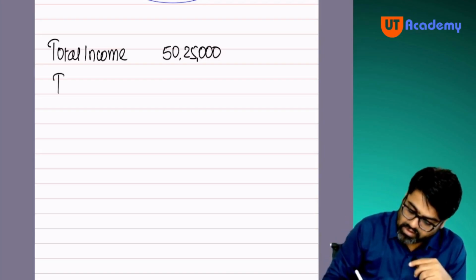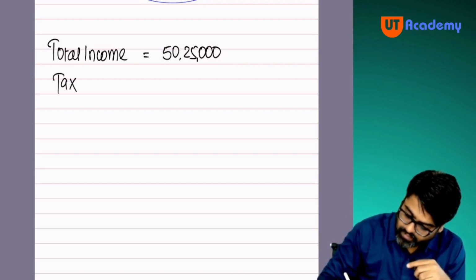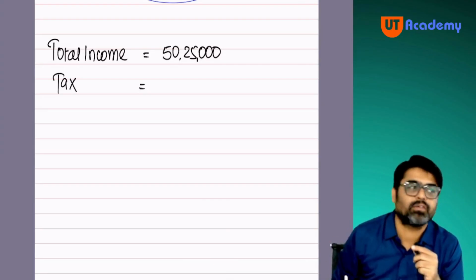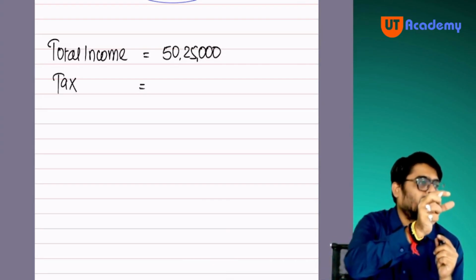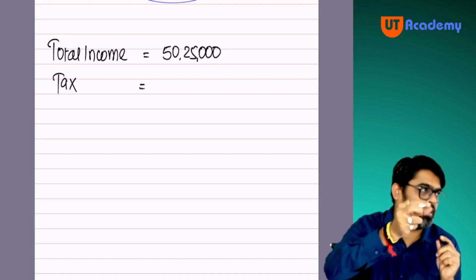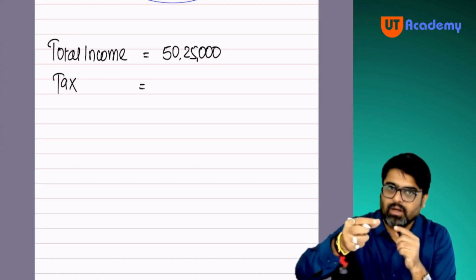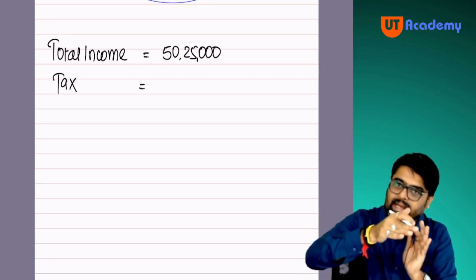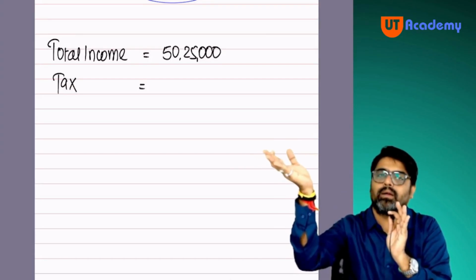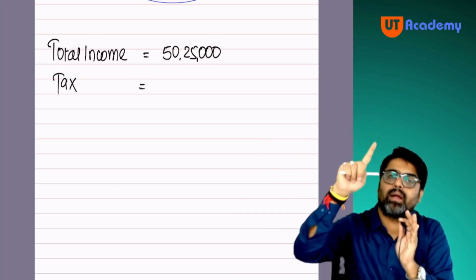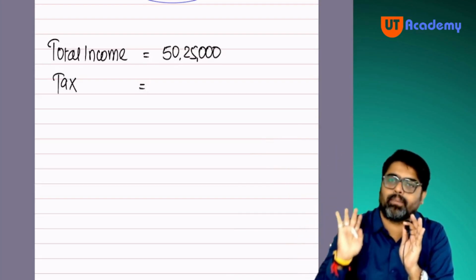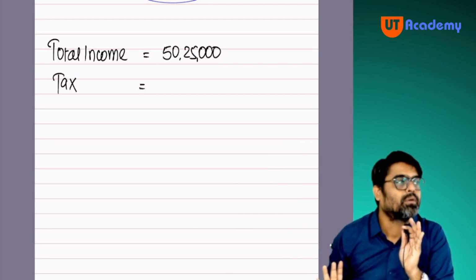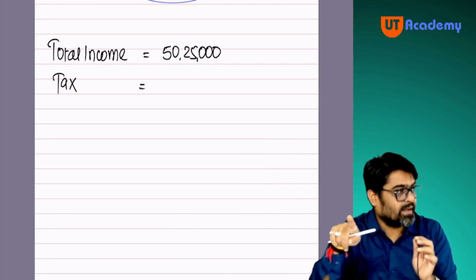Let's see. What is the tax here? Come on, calculate the amount of tax. See, nil is constant. 12,500 is also constant. 1 lakh is also constant. Now you are supposed to calculate on 40,25,000, anything over and above 10 lakh. So how much is over and above 10 lakh? 40,25,000. On that calculate 30%. 12,07,500.